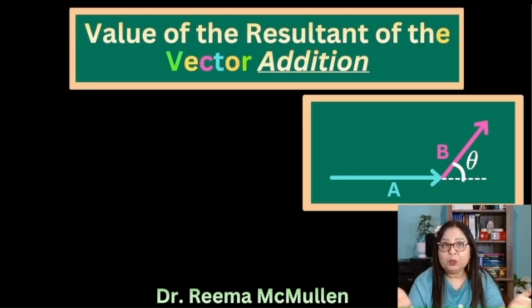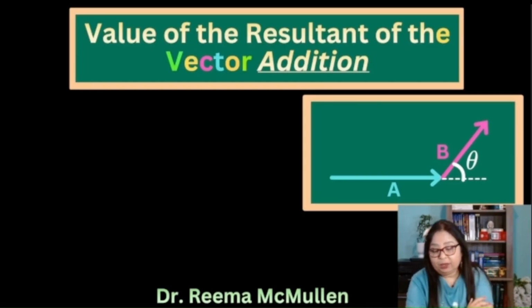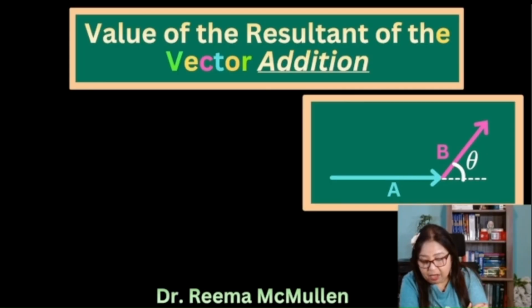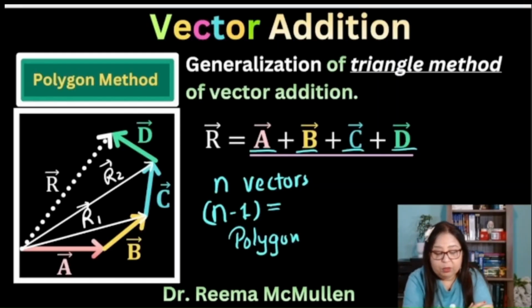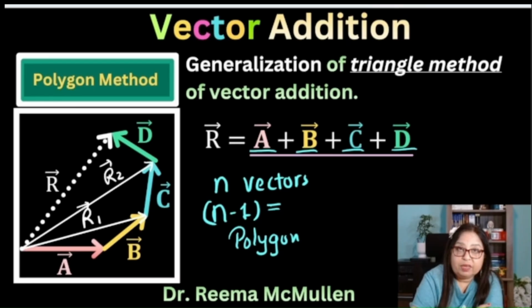Because just like I showed you, you can reduce addition of any number of vectors to just 2 vectors. When we added 4 vectors using the polygon method, we could add two vectors at a time, like I showed you here.